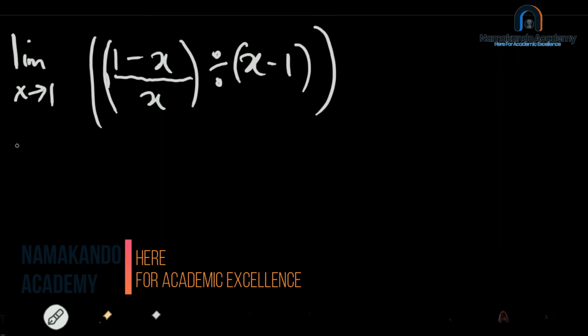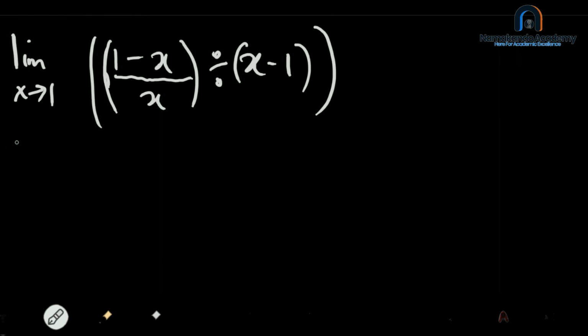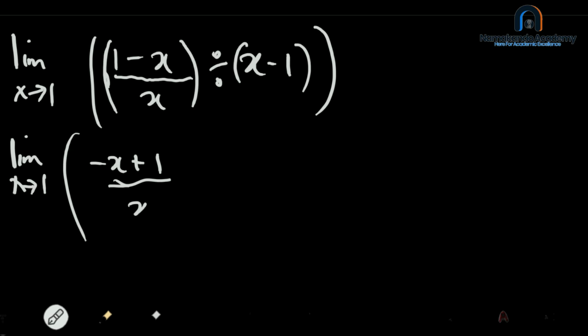Okay, so this will be the same as saying limit as x approaches 1 of 1 minus x, which can still be presented as negative x plus 1, over x. Then we say this is to be divided by x minus 1.